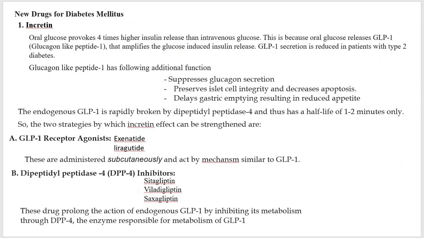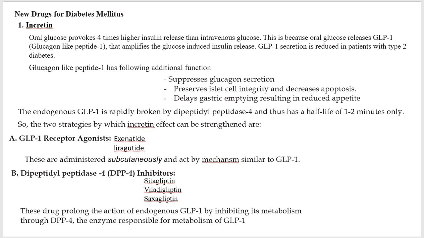Okay, so next class is the new drugs for diabetes mellitus. Okay, so to treat diabetes mellitus, till now we saw the insulin preparations, and then oral hypoglycemic agents. Why are we using oral hypoglycemic agents? Because whatever insulin preparation we prepared, we administer either subcutaneously or intramuscularly.